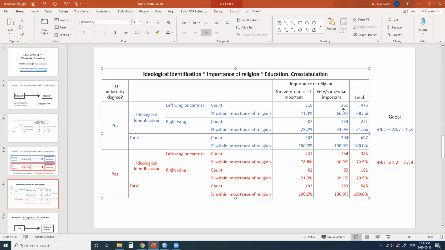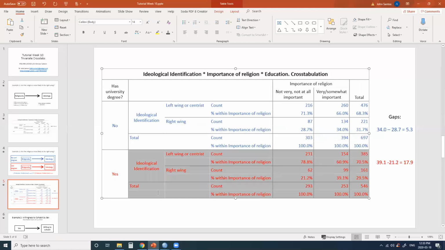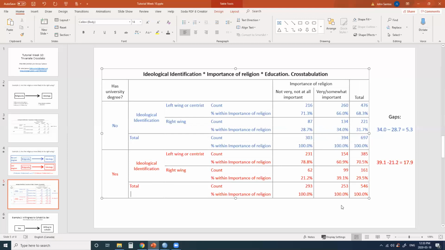And a partial crosstab is simply a crosstab that looks at the bivariate relationship between X and Y, but only amongst a particular category of Z. So if Z, our control variable or moderator variable, has two categories, our crosstab now has two partials, one for each category of Z. And we can see that the difference between categories of X is different, right?